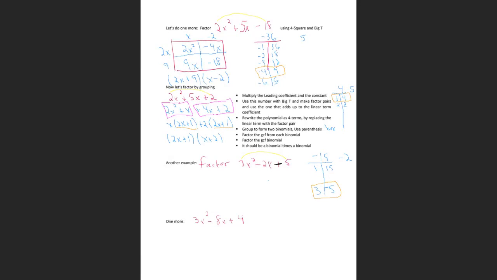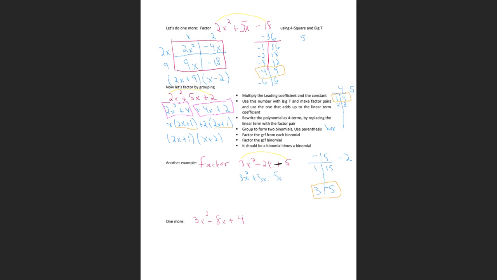what make this true. So as we follow our steps, we now want to rewrite the middle term using those. If possible, the negative we always want to put first and the positive in the second position. But here I'm going to go ahead and do it the other way and show you what happens, because it really doesn't matter. So I have this 3x squared plus this 3x minus this 5x.